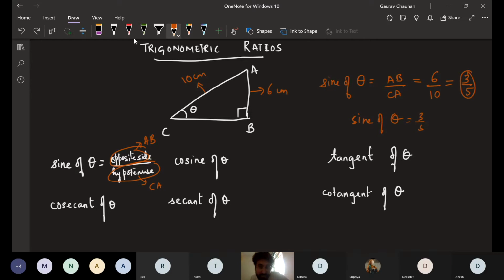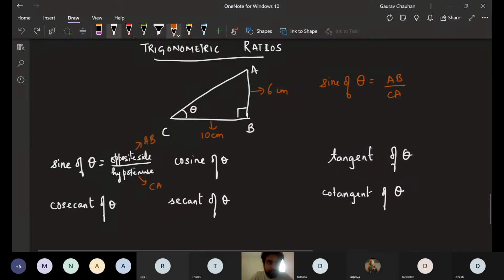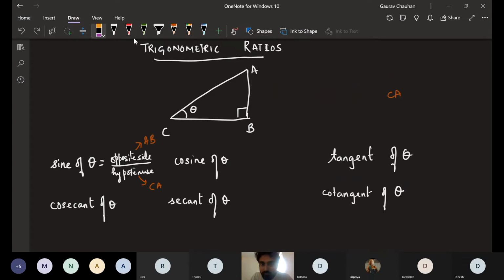Now, in the same way, all of these others are also defined, and we will do that one by one right now. Give me a minute. Sine, cosine, tangent, cosecant, secant, cotangent, all of these have a definition.